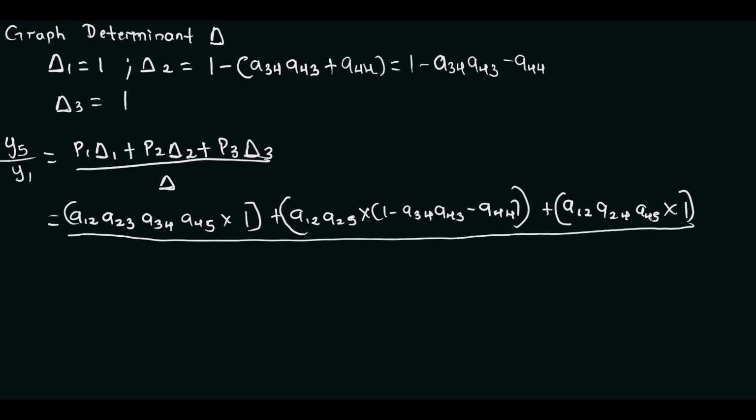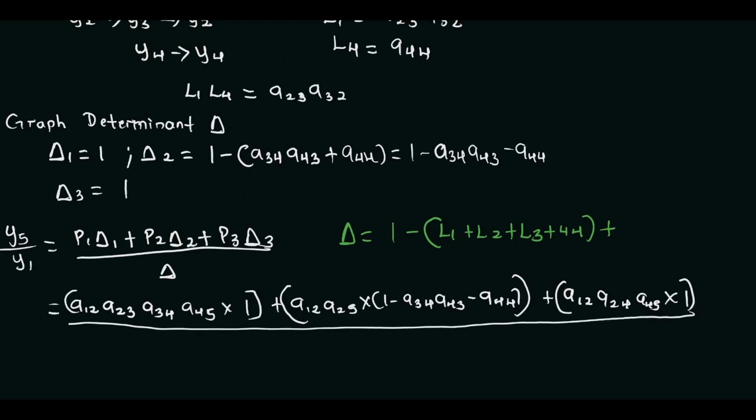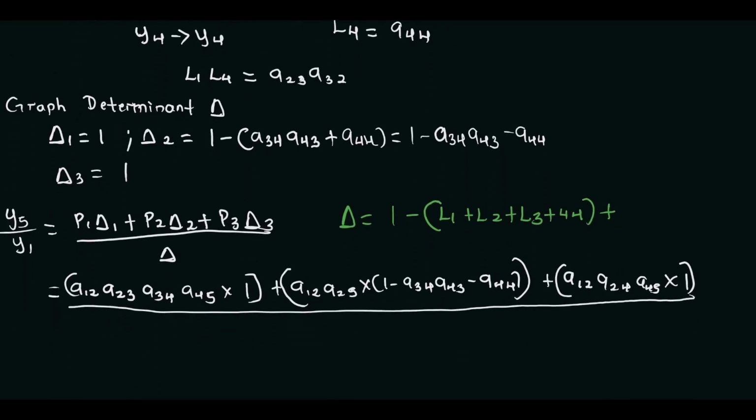Just to mention, your delta equals 1 minus the sum of L1 plus L2 plus L3 plus L4, plus the non-touching loops, which are L1 and L4.